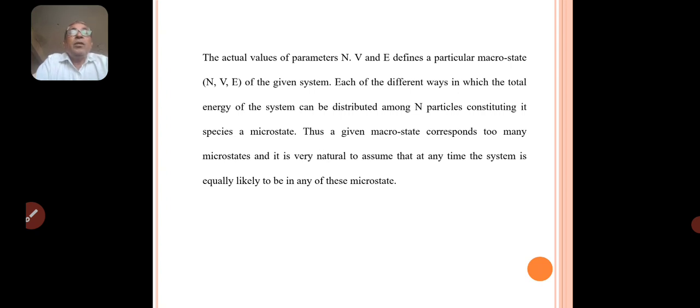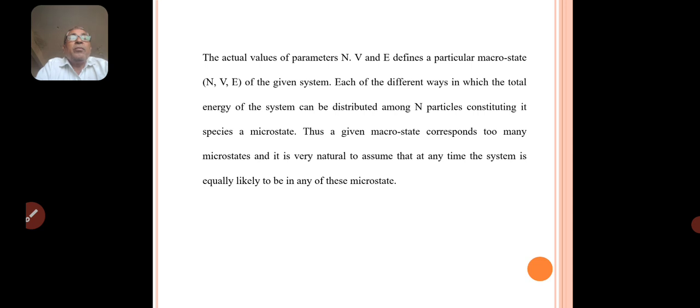Thus, the actual values of the parameters N, V and E define a particular macrostate (N, V, E) of the given system. Each of the different ways in which the total energy of the system can be distributed among the particles constituting it specifies a microstate.